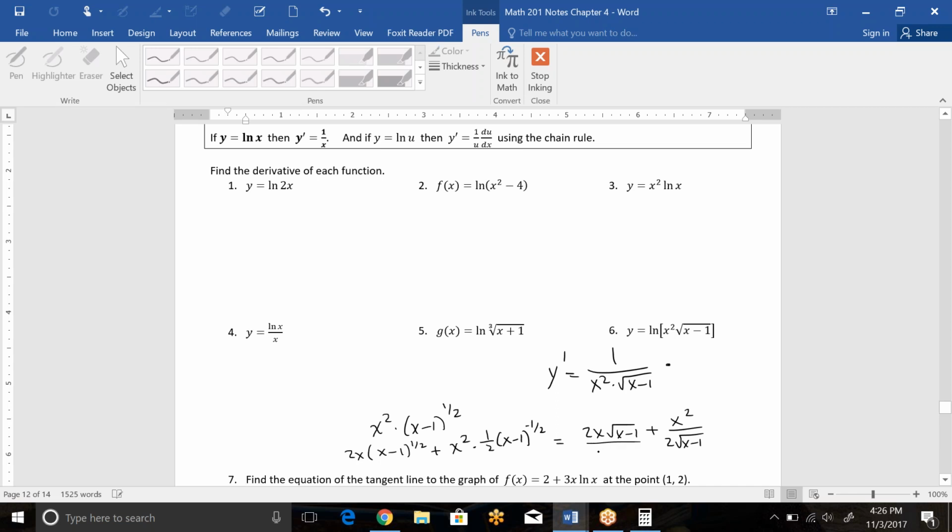I'm going to multiply this top and bottom by square root of x minus 1, which actually just makes this just x minus 1. So that would be 2x squared minus 2x plus the x squared on top. So that's going to be 3x squared minus 2x for my top. And then I have a 2 on the bottom. And then I have a square root of x minus 1 times, adding, we keep it the same denominator.